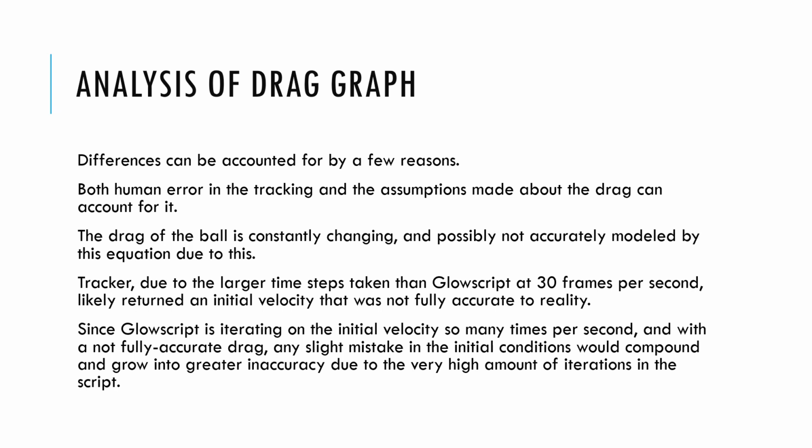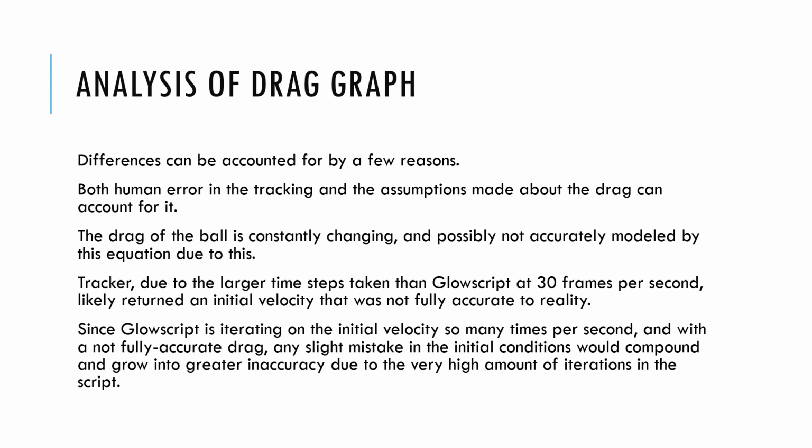But the main thing is that any minor inaccuracy in the initial velocity or position is going to be iterated upon so many times in the GlowScript scripts that it will end up being totally different, because there are so many calculations on this one given value that it can't be the same as real life, because there are so many more changing effects in real life as compared to the GlowScript model.